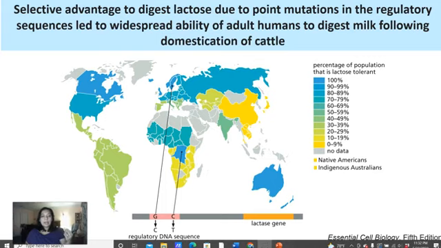As we domesticated cattle, those areas were more likely to utilize the lactose gene and were more likely to get those mutations that would allow us to digest lactose and use that as an energy source.